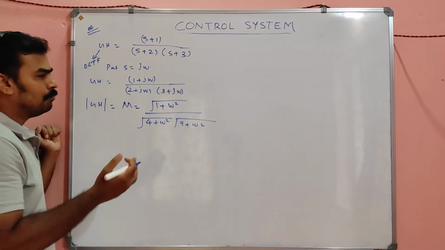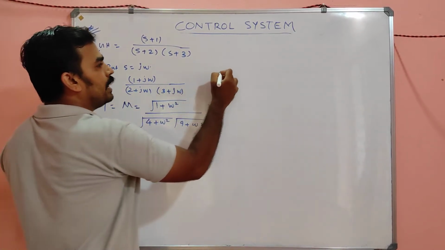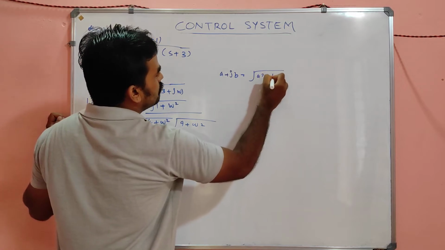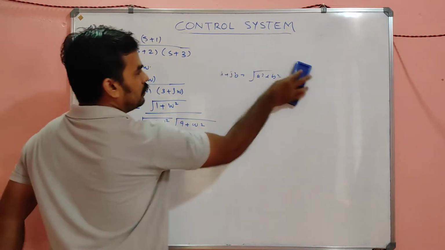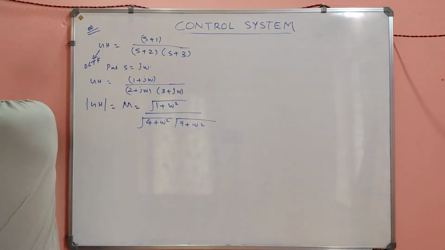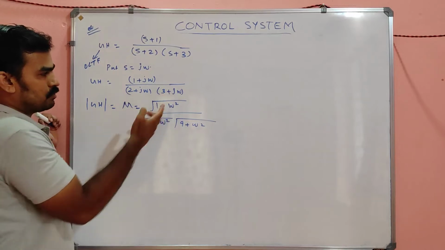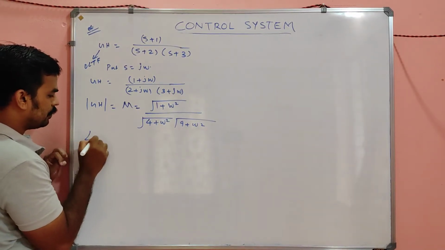Am I right? How can we find the magnitude? For A plus jB, what is the magnitude? Root of A square plus B square. That's all. So M equals root of 1 plus omega square divided by root of 4 plus omega square into root of 9 plus omega square, that's all, simple.